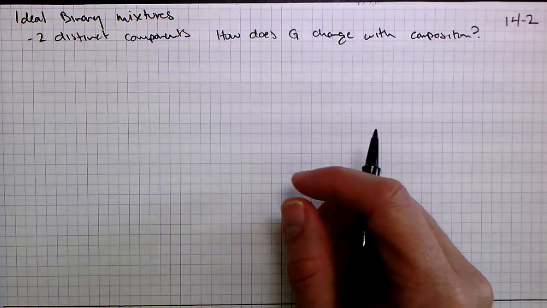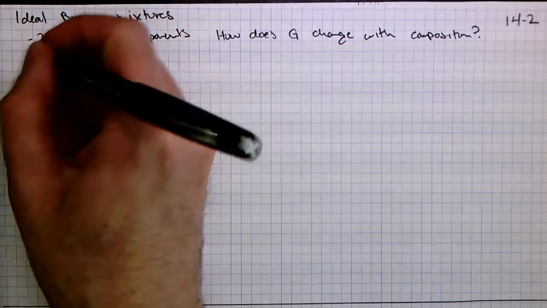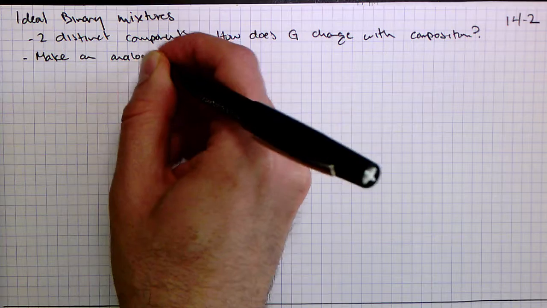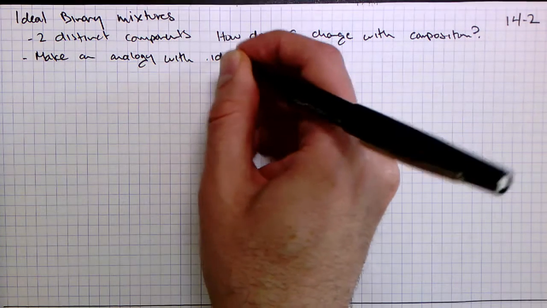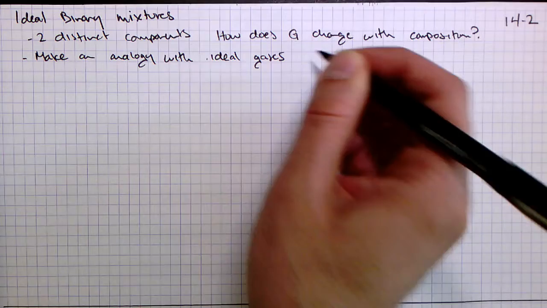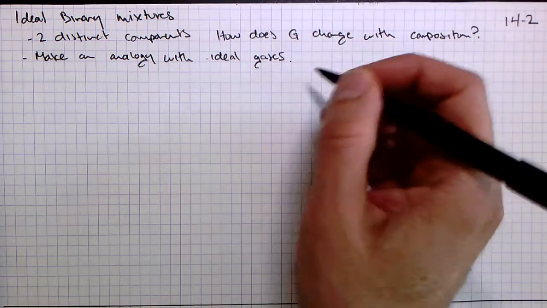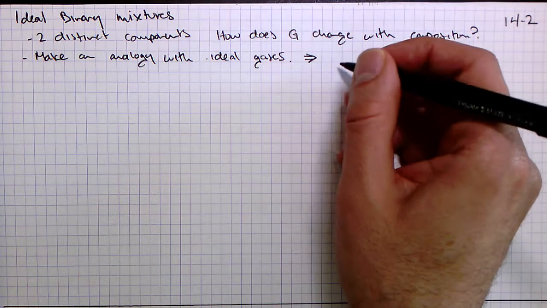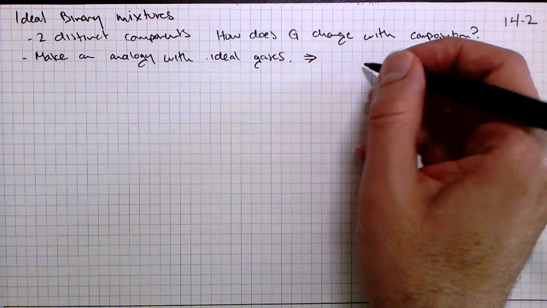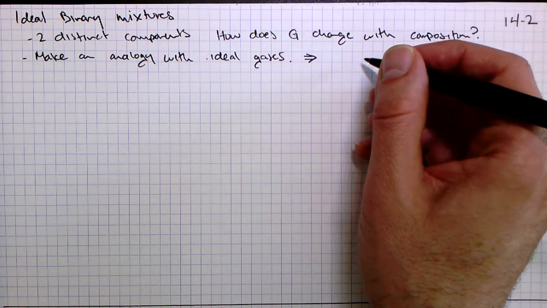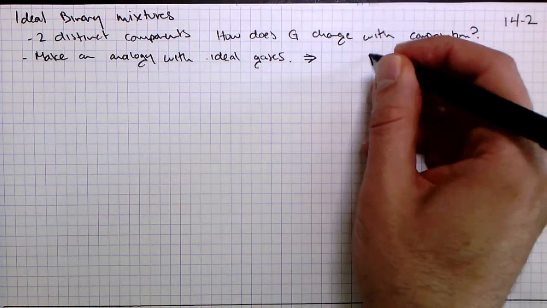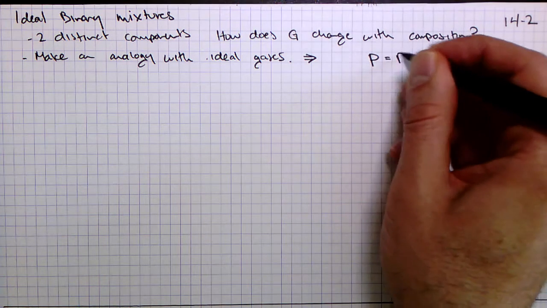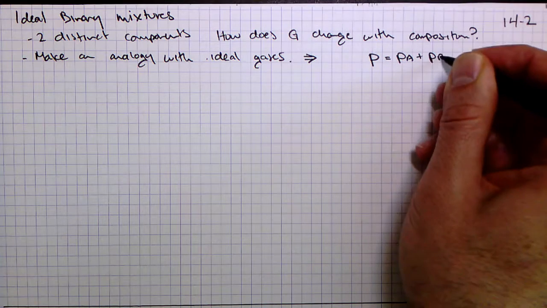Okay. And in order to think about this, we're going to make an analogy with ideal gases. So we know for an ideal gas, if we have two components, A and B, and we mix them, the pressure of the total system, since they're non-interacting, must just be given by the pressure of the A component plus the pressure of the B component, right?